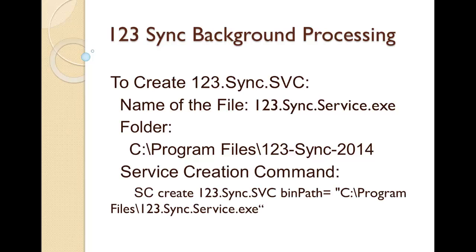To create this file as a service, all you do is call sc, which is service control, create 123sync svc, and then just give it the path: binPath equals C:\Program Files\, then 123.sync.service.exe. This will create the service in the services panel for you.